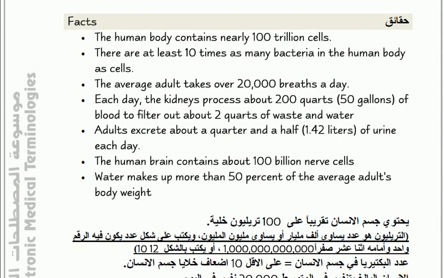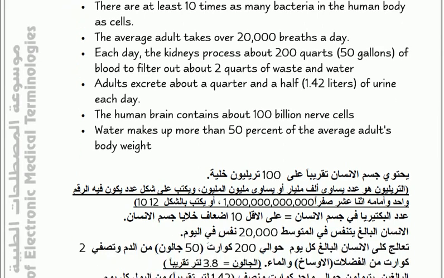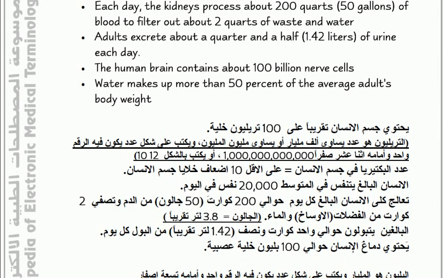Each day the kidneys process about 200 quarts, 50 gallons, of blood to filter out about 2 quarts of waste and water. Adults excrete about 1.42 liters of urine each day. The human brain contains about 100 billion nerve cells. Water makes up more than 50% of the average adult's body weight.